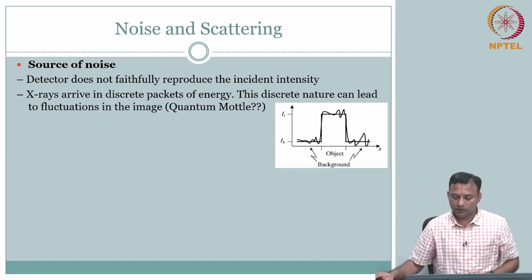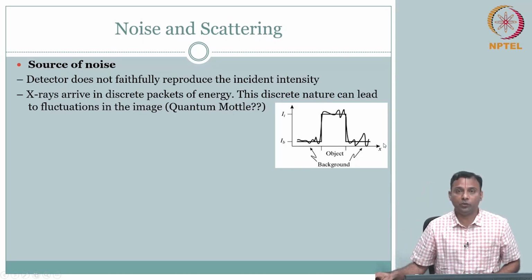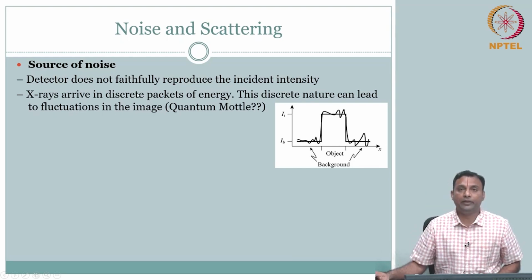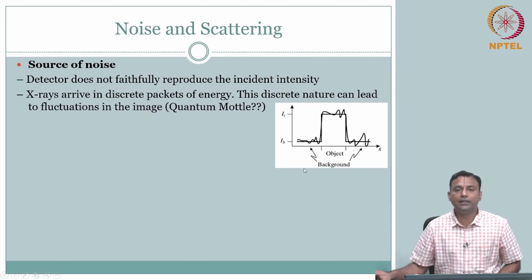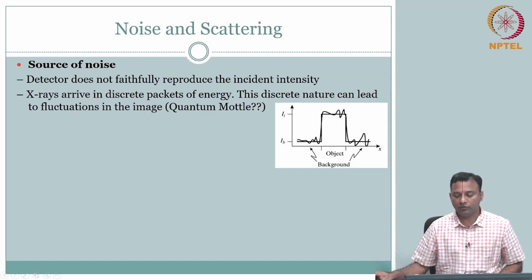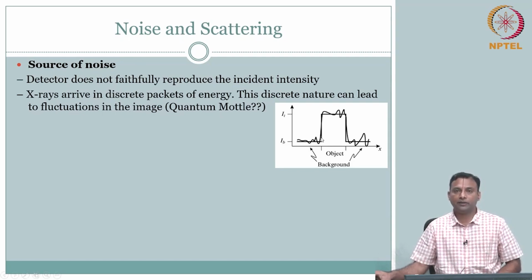Ideally this solid line is what you would have had, but given the randomness, what is picked up is going to have fluctuation. So the question is, how do we study this further and define the image quality based on the measurements?